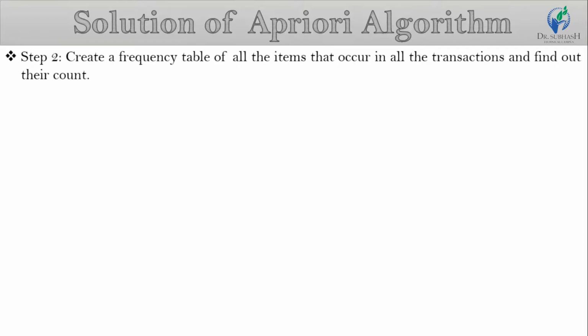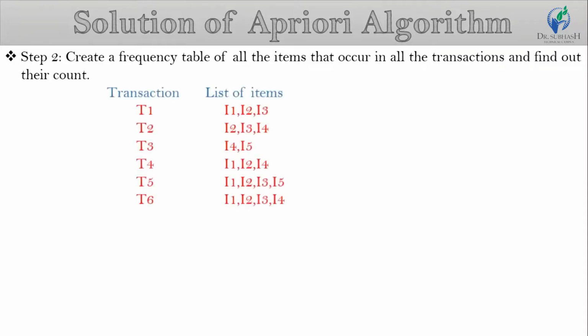In step 2, we create a frequency table of all the items that occur in all the transactions and find out their count. For that, we find the individual items of every transaction. Now, see in the table: in transaction T1, we have items I1, I2, I3. In T2, we have I2, I3, I4.